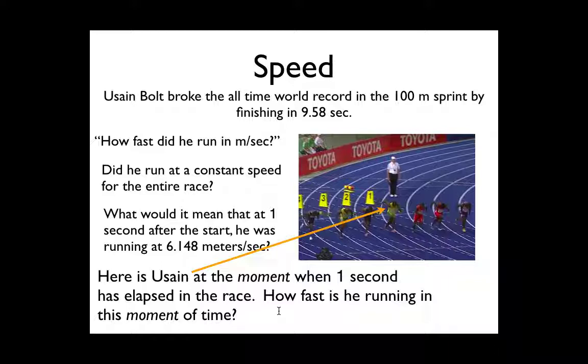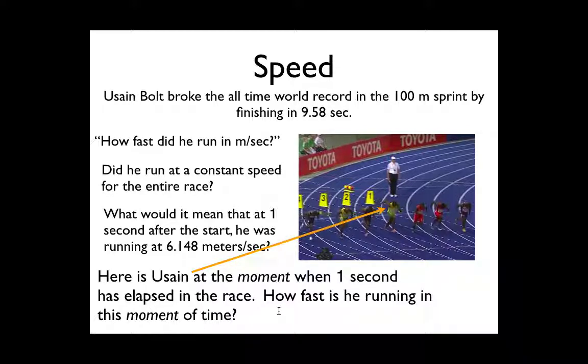During that time, he ran a very small distance, and if I take that very small distance and divide it by my very small time, it comes out to 6.148, meaning during any increment of time, this little 1,000th of a second, the distance traveled is 6.148 times as much. Same meaning of rate with time and distance as we've used for using this rate in other situations.